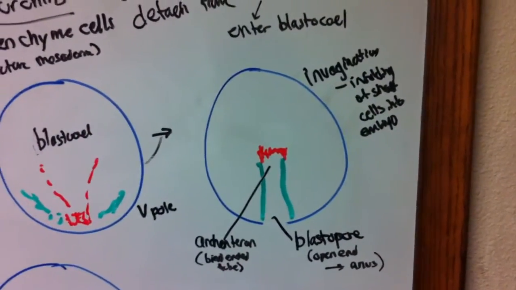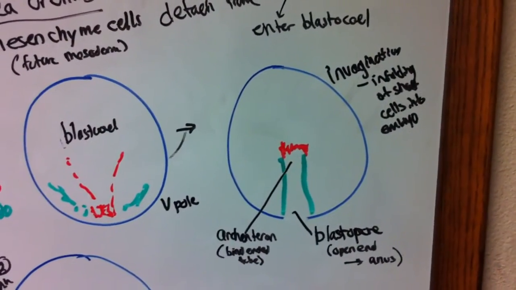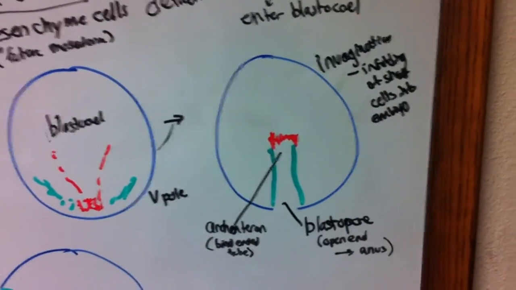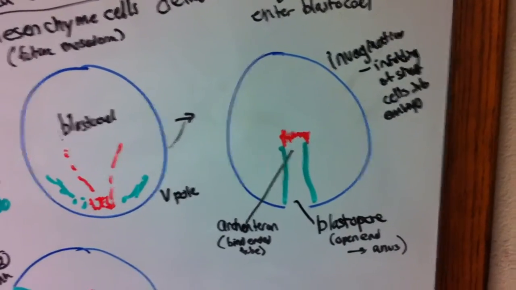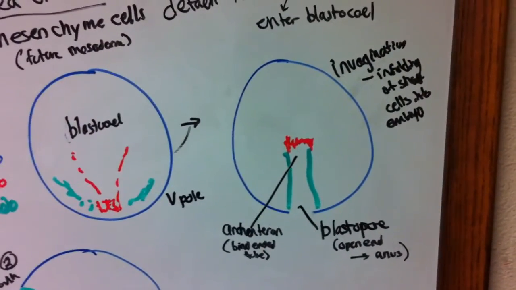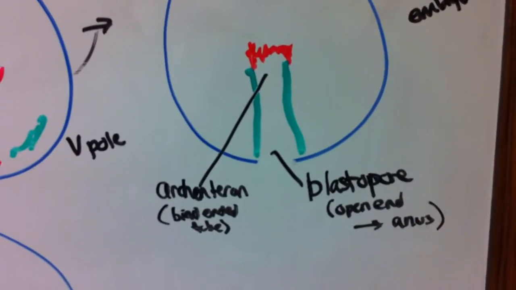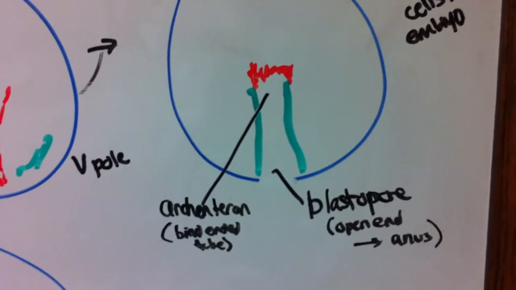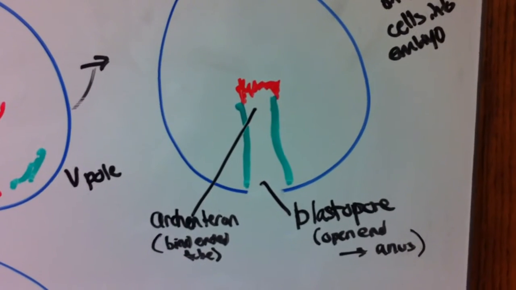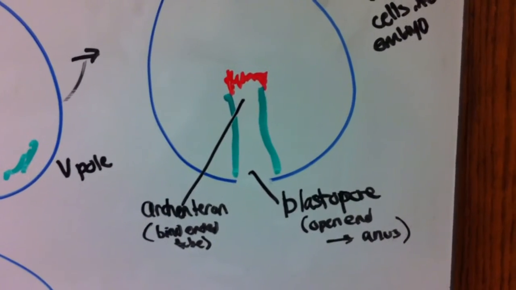This inward movement is called invagination, the inward folding of sheets of cells into the embryo. So the inner part of this infolding is called the archenteron. It's the blind-ended tube. And the outer part is called the blastopore.